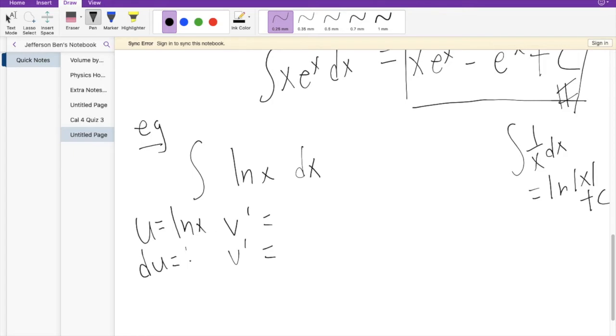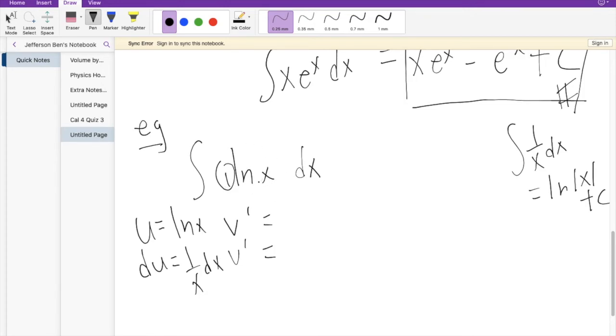How about v prime? Do you see anything you can choose as v prime? No, right? It's just ln x, just a logarithm. However, in this case, you know that there is a 1. It's a 1 multiplied by ln x, and 1 multiplied by anything is the same.